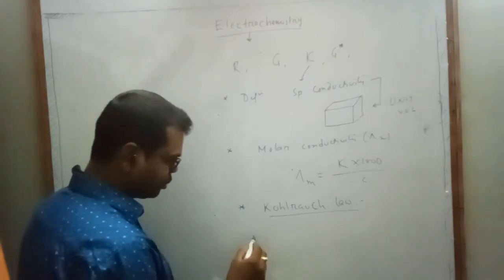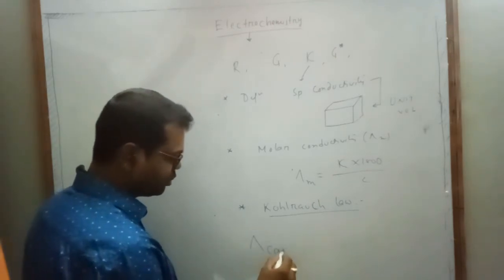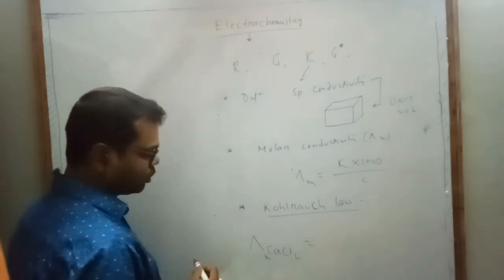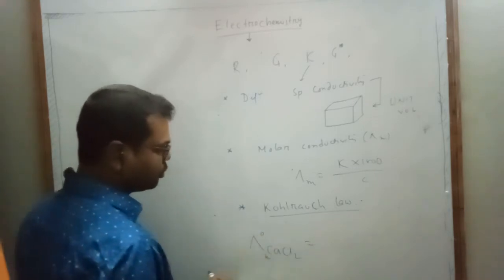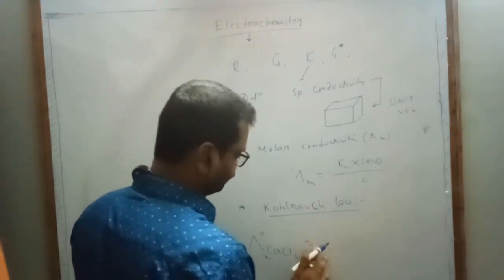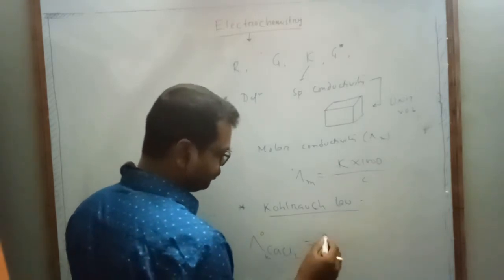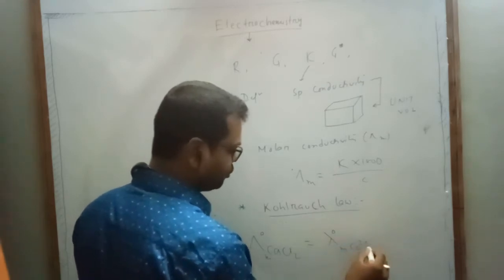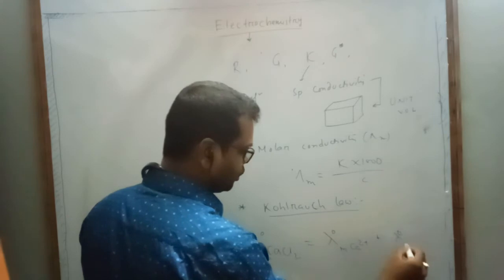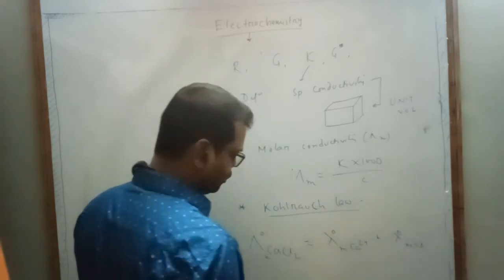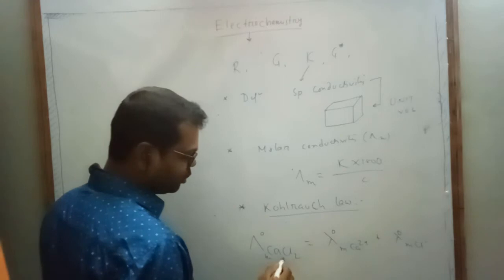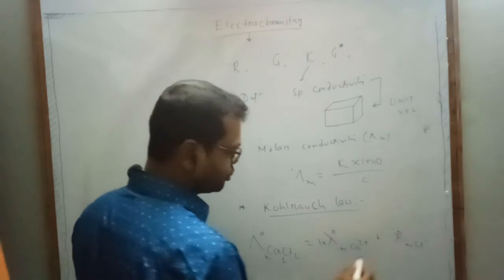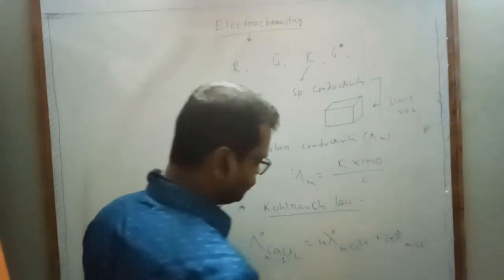For example, if I consider CaCl2, the limiting molar conductivity of a strong electrolyte is equal to the sum of the ionic molar conductivities of the individual cation and anion. So how many calcium are there? 1 calcium, so you multiply that with 1. 2 chlorine are there, so you multiply this with 2.